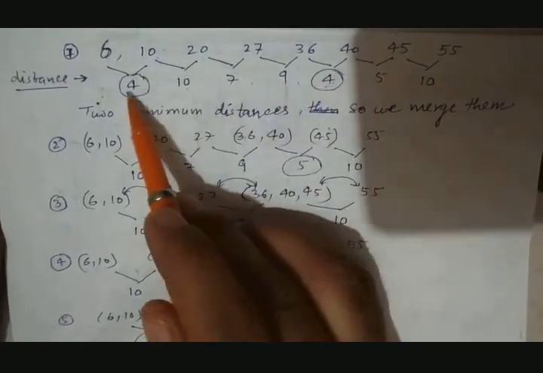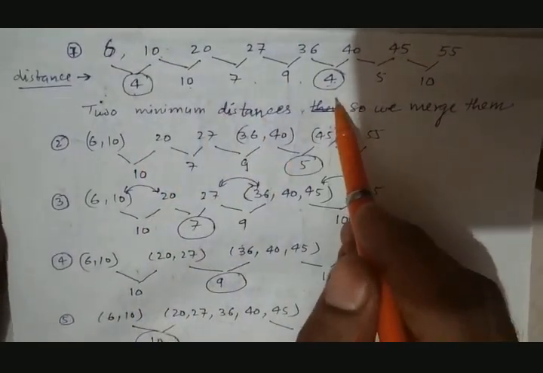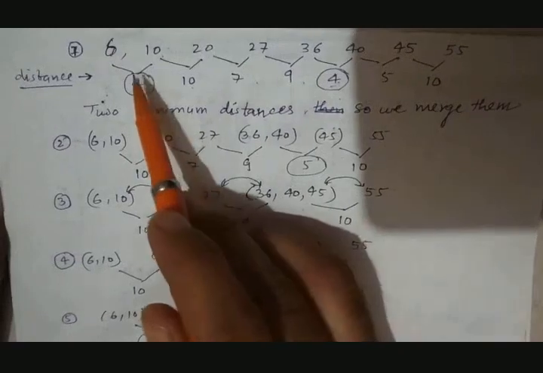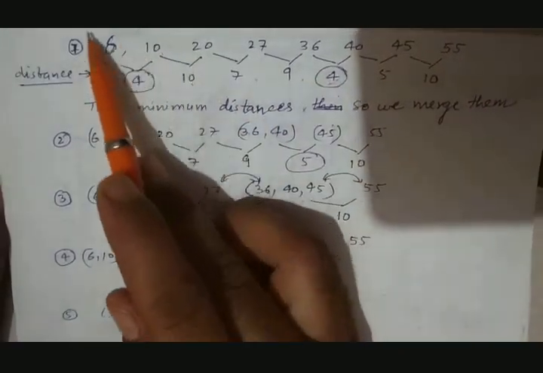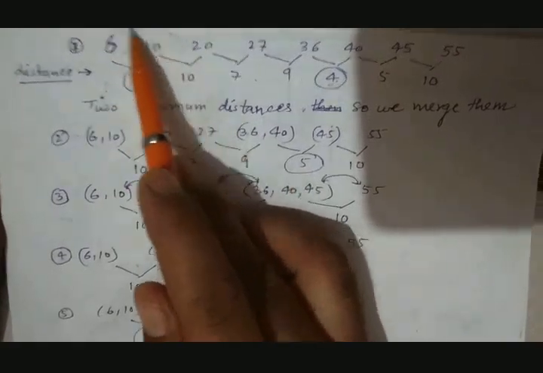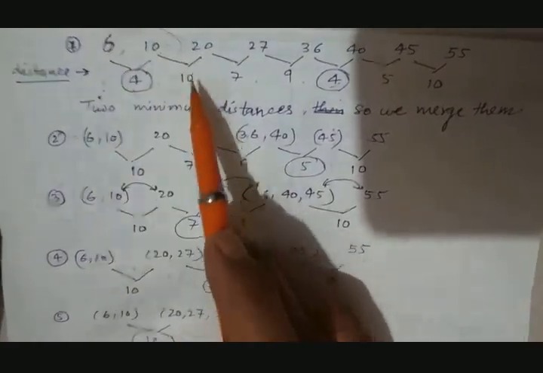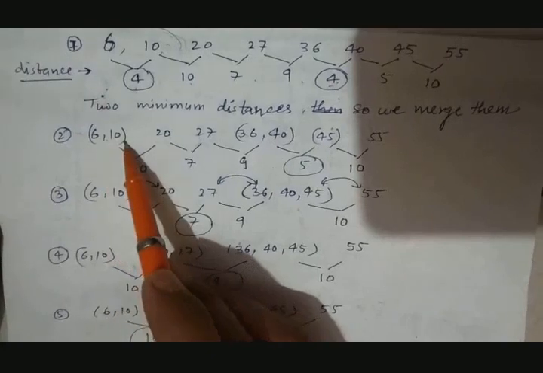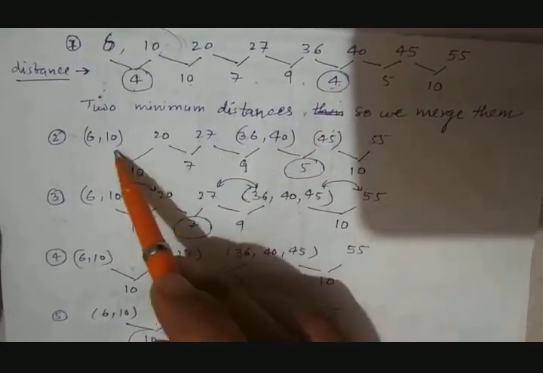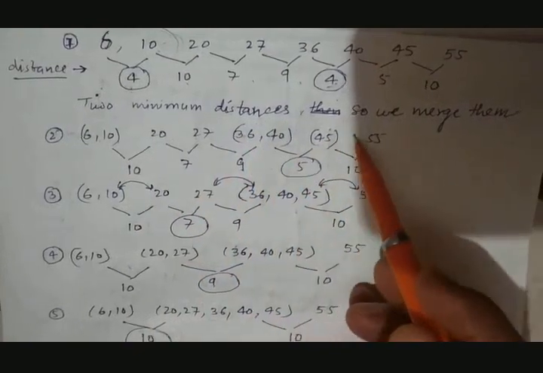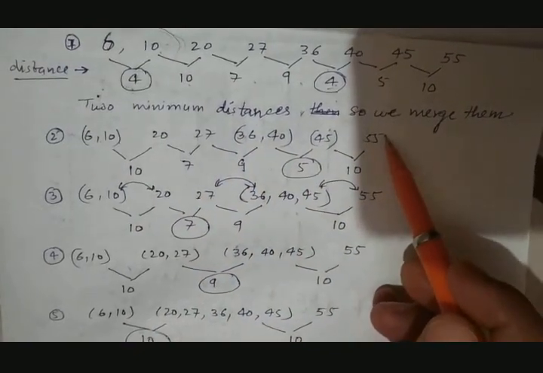Since 4 is repeated two times here, this will be selected as the least distance, so we can say that these data points can be combined into single clusters. They are very near to each other. So in the next step, 6 and 10 are combined, and 36 and 40 are combined, and the rest of the data points remain as they are.